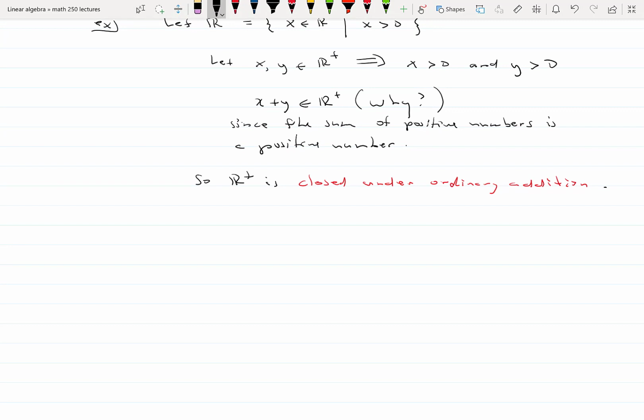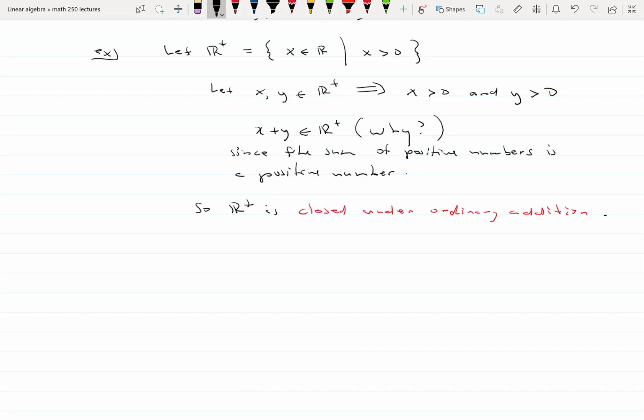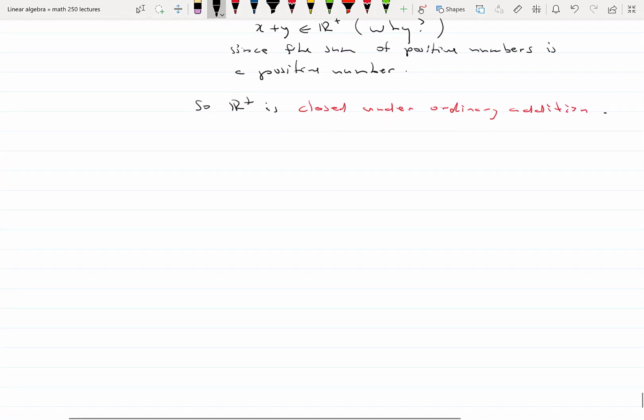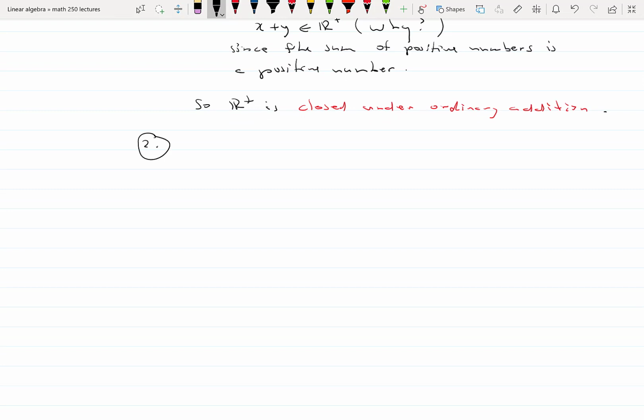So what do you think it means for a set to be closed under scalar multiplication? I think you might have the idea, but if not, I'm going to write it out. I think you should see it written out.